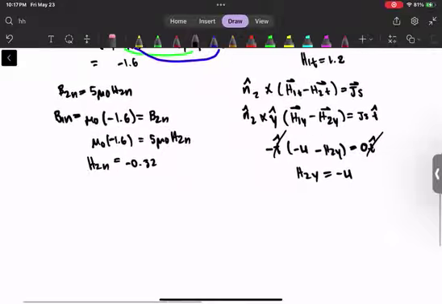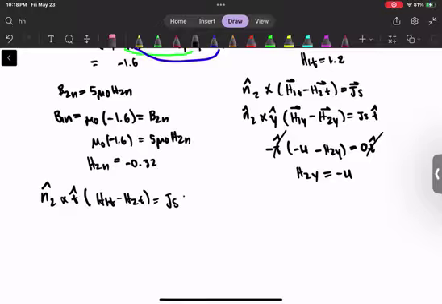So we're going to use this equation again: n cross (H1t minus H2t) equals Js.